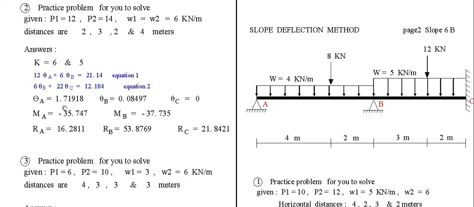We have the corresponding theta A and theta B. Then the moments are moment at A minus 35.742 and moment at B minus 37.735. RA, RB, RC.